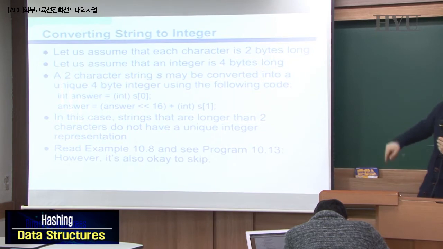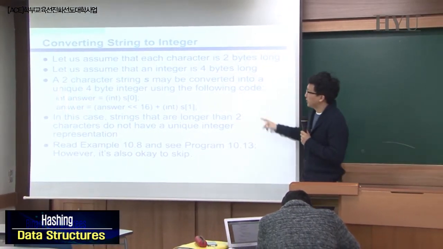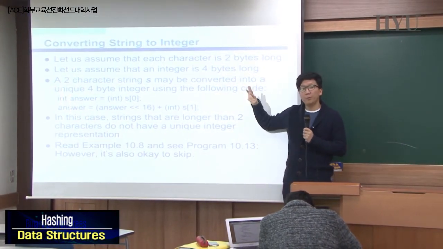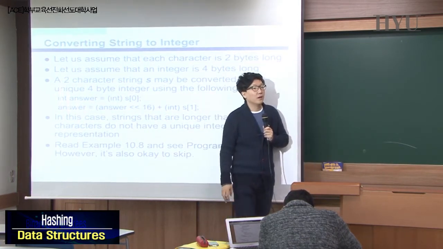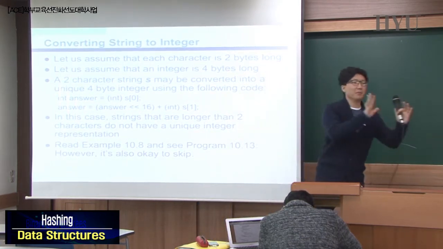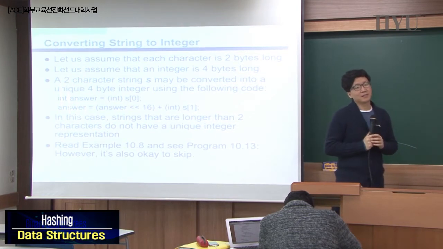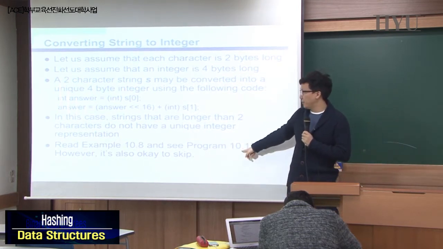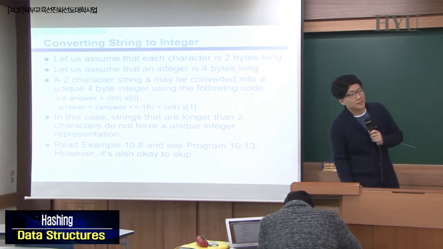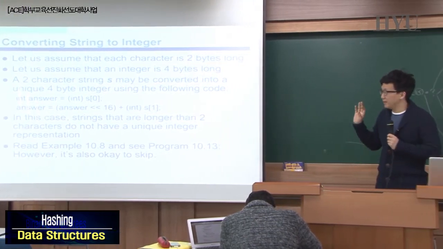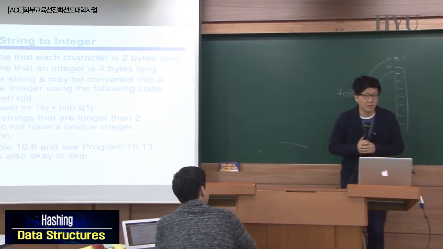And then, I need to convert that into a 4-byte value. So this is something called a shift operation. We're shifting by 16 bits. I put it here, but you can skip this part. It's okay not to understand this at this point.